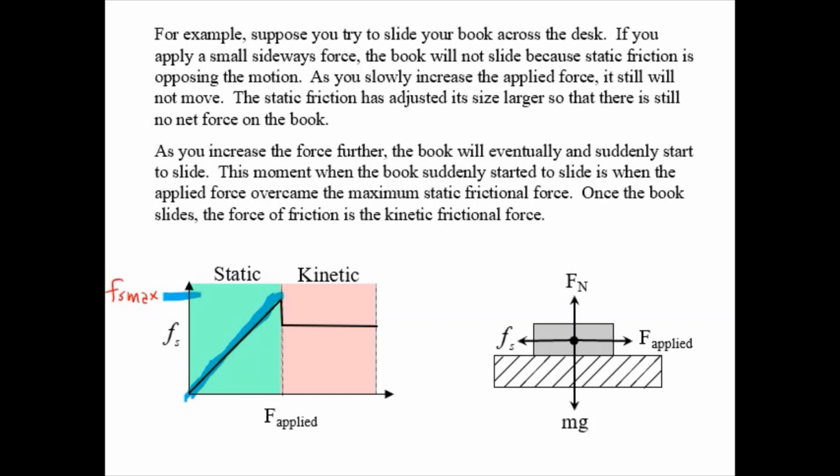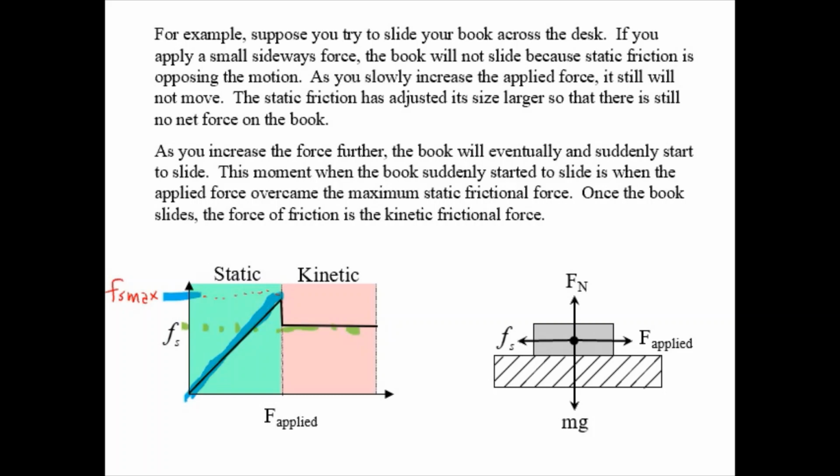When I get to that maximum value, if I push harder than that, then the friction actually drops off a little, because now the object starts to move. The object starts to slide, and once we're sliding, we're into kinetic friction, and kinetic friction has a steady value just based on the value of mu sub k.